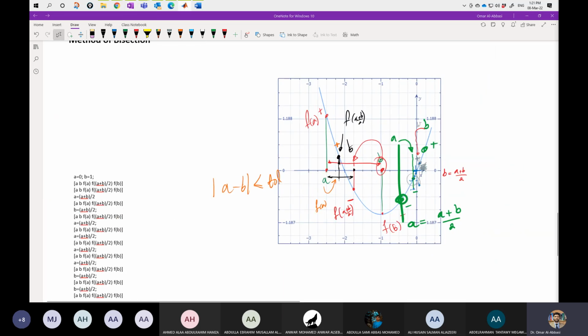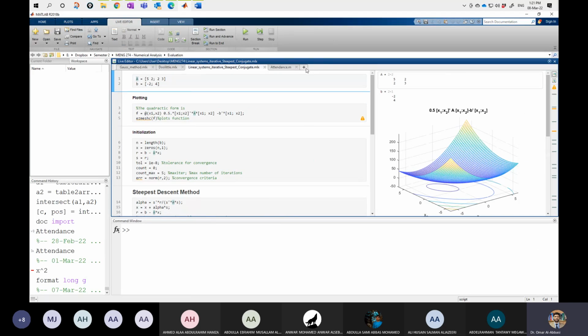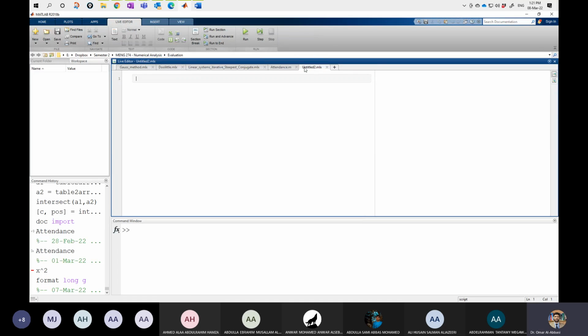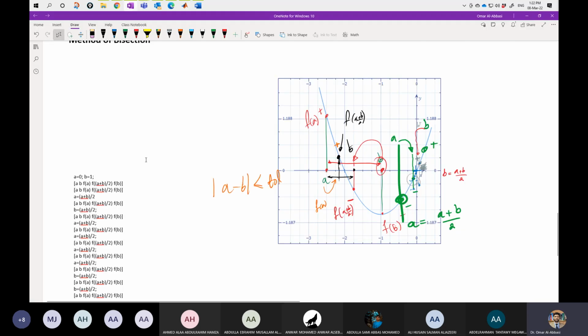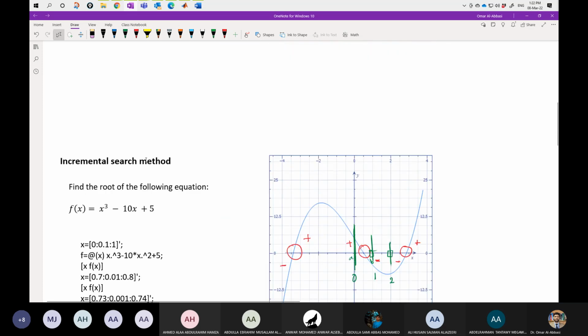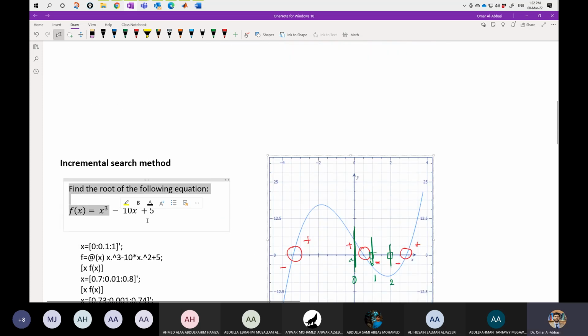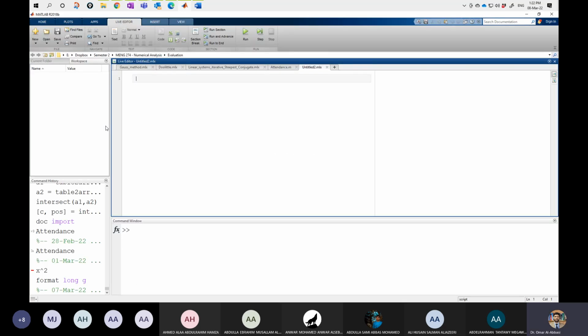So what did we do last time? We started with a function, correct? Okay, what was that function, guys? I had some documents. Let us take the function from here: x cubed minus 10x plus 5.